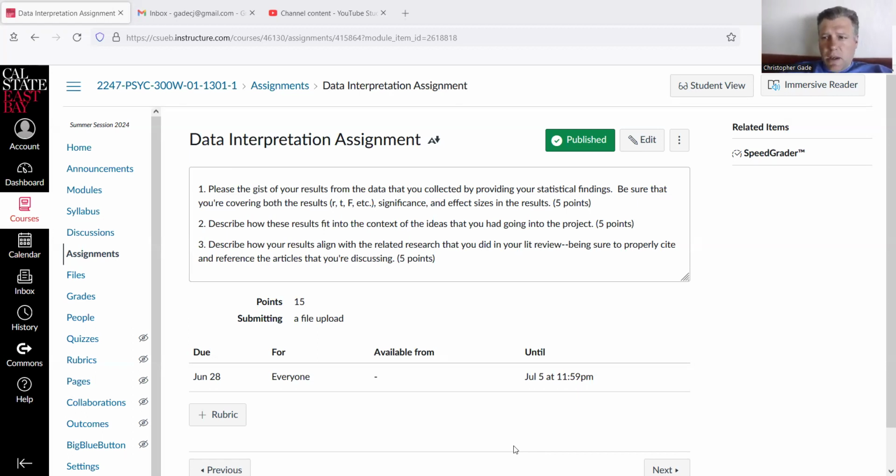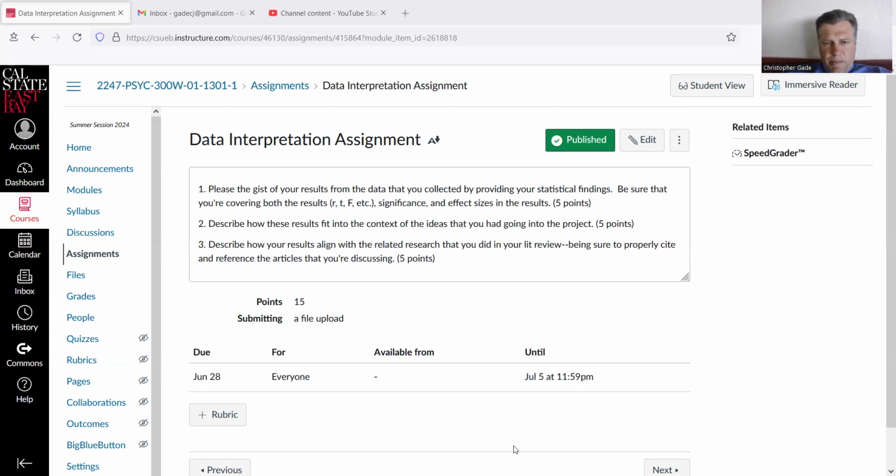So again, make sure you put a lot of effort into this. Make sure you put a lot of thought into this. If you need to meet with tutors, if you need a refresher, a video on results, there's lots out there. But we have to be able to do this component of the assignment so we can really work on the latter sections of the paper.